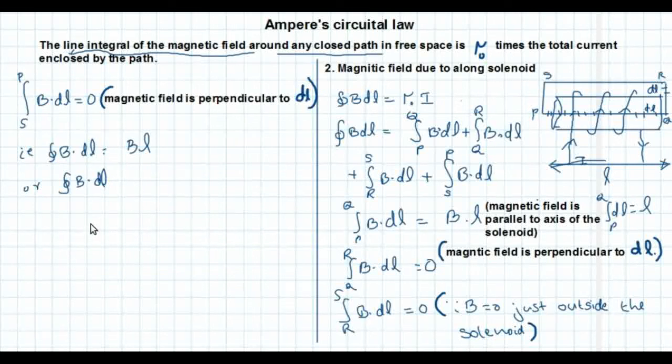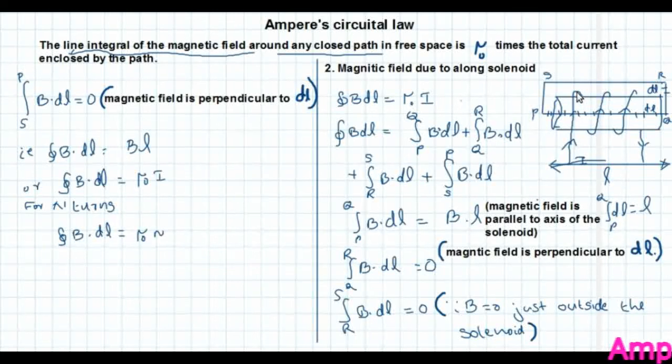Or we can rewrite Ampere's circuital law, which is closed integral B dl is mu 0 I. So in place of this closed integral B dl, we are writing B into L. But before that, suppose that there are n number of turns. If there are n number of turns, then Ampere's circuital law can be written as closed integral B dl is equal to mu 0 into NI, right?